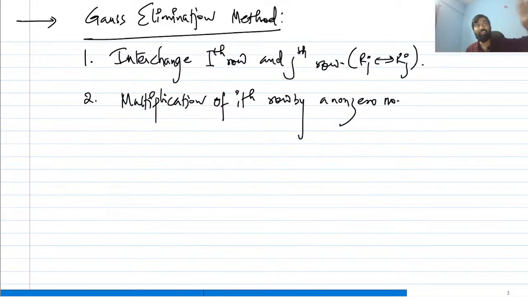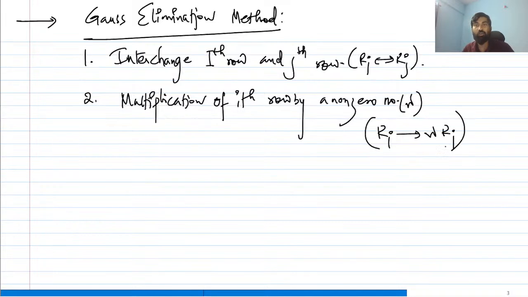Lambda is a non-zero number, so Ri becomes lambda times Ri, simple. Why are we multiplying? While applying elimination, we want to delete x or delete y. So we take the coefficient of the second equation and multiply it into the first, so that both terms match and we can cancel them. Understood?